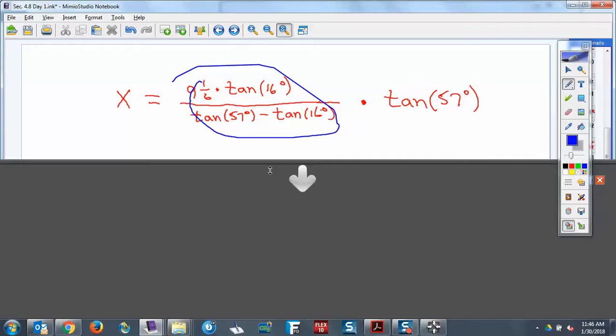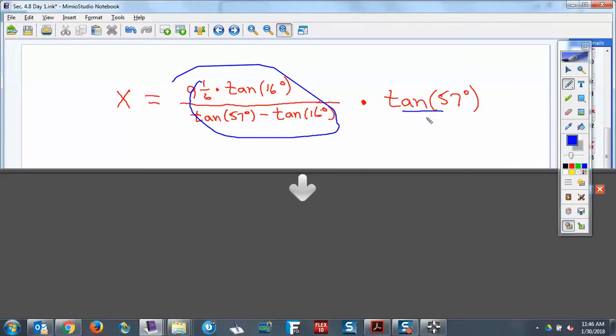And now I can get out my calculator and multiply the top. So now let's do it. 9 and 1/6 with your ABC button, times tan 16 times tan 57. Maybe a good time to hit equals when you do that. Then we're going to divide.